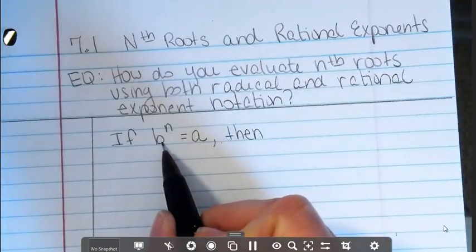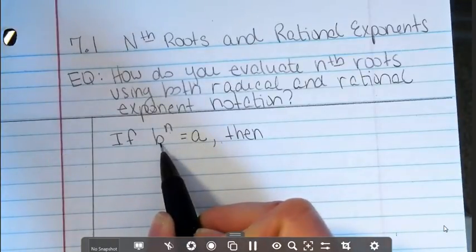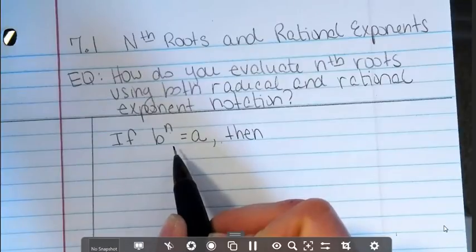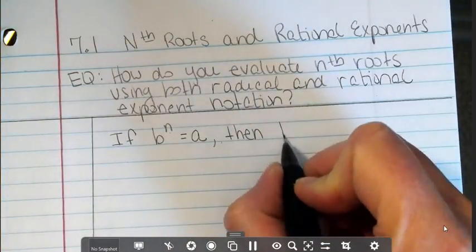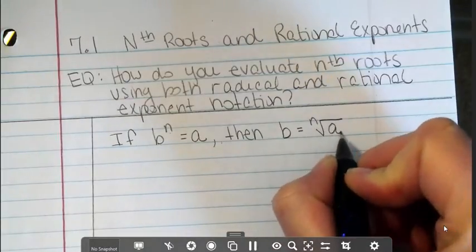As we know, the opposite of squaring something is to square root. And the opposite of raising any base to any power would be to take that same power as a root, okay? So it's going to look like this. b would equal the nth root of a.